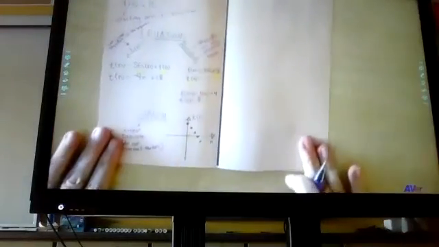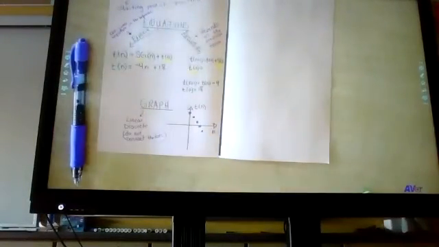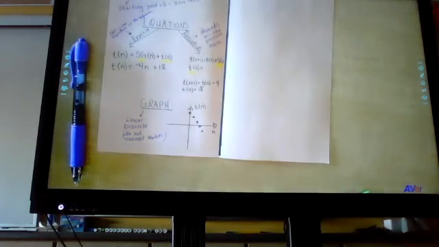All right, let's take a look at what your notes should look like. Your notes should be detailed, lots of color, okay? All of the equations written out and labeled. What does the SG mean? I might bring this down just a little bit so you can see this.